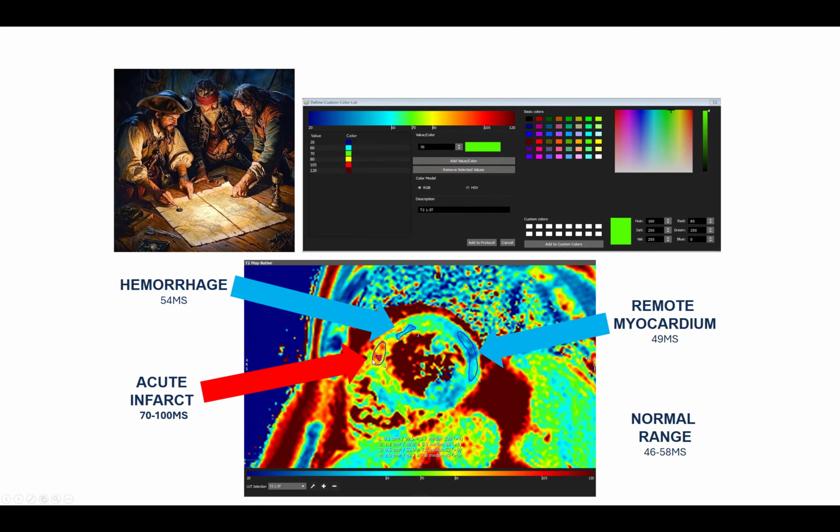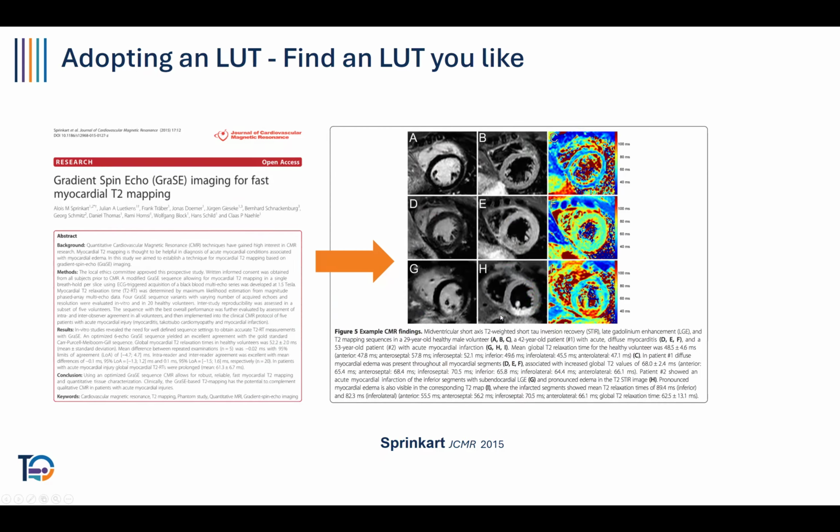One is the acute infarct, sorry, the area at risk being the green, and over here, still within the infarct, is an area of blue, which is hemorrhage because of iron's effect on the T2 maps. And now you're acting like a pirate with a treasure map, and you're able to go directly to the treasure and dig it out of the ground.